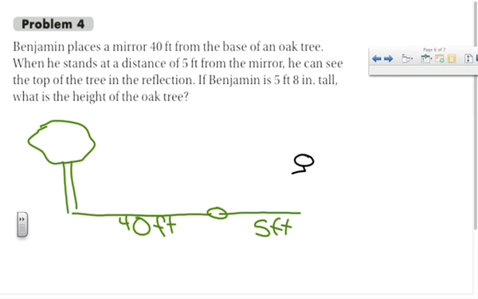Lovely. Here's Benjamin. Every math problem with a tree equals a triangle. There's Benjamin, standing 5 foot 8 inches. That's actually really accurate. And what we're trying to do is find the height of the tree.